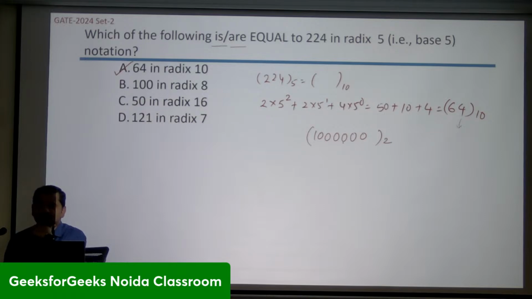Okay, combine the 3 terms. So it is going to be 100 base 8. Okay, 100 base 8 is 100 in radix 8. Option B is also correct.